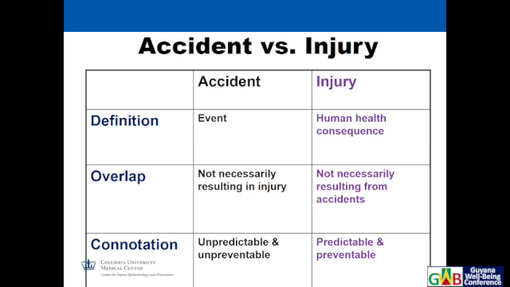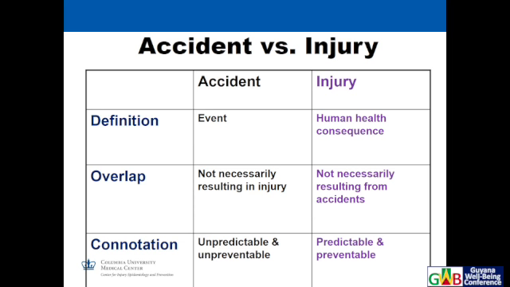In that kind of case, the accident itself is not a public health problem because it doesn't cause any damage to human health. On the other hand, injury refers to the health consequences of the event. Nowadays we try to avoid the term accident. Instead, we say crash or shooting or incident. So injury refers to the human health consequence of the event.